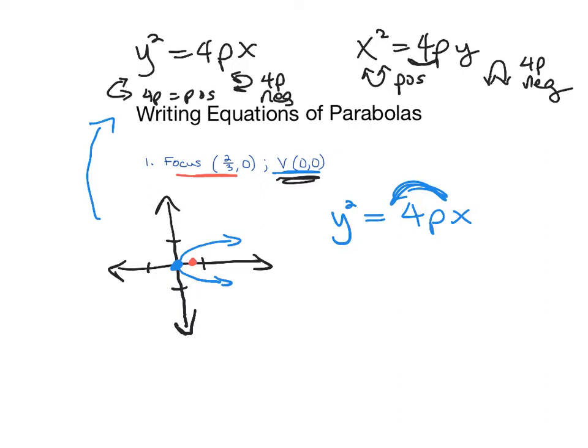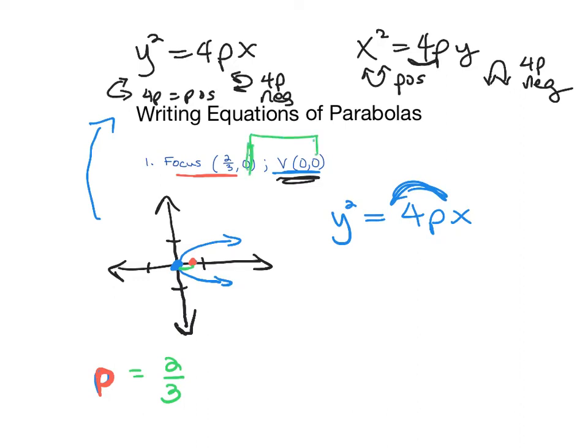So I'm looking to find p, and remember p is the distance that the focus is away from the vertex. So in this case, I can just look to see how far away it is, and it's 2/3 away from my vertex. Now, what I can also do is I could always subtract the variables.